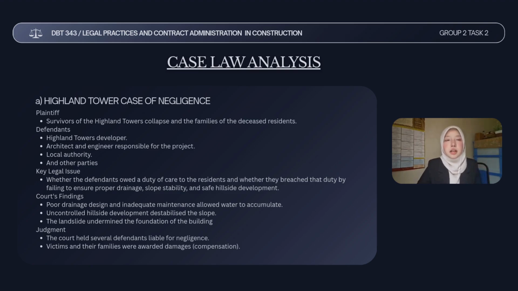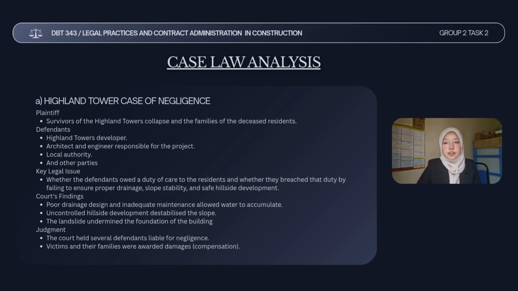After hearing evidence, the court found that the building had poor drainage design. It also lacked maintenance. There was also uncontrolled hillside maintenance that caused water to accumulate, leading to a landslide that weakened the foundation of the building.